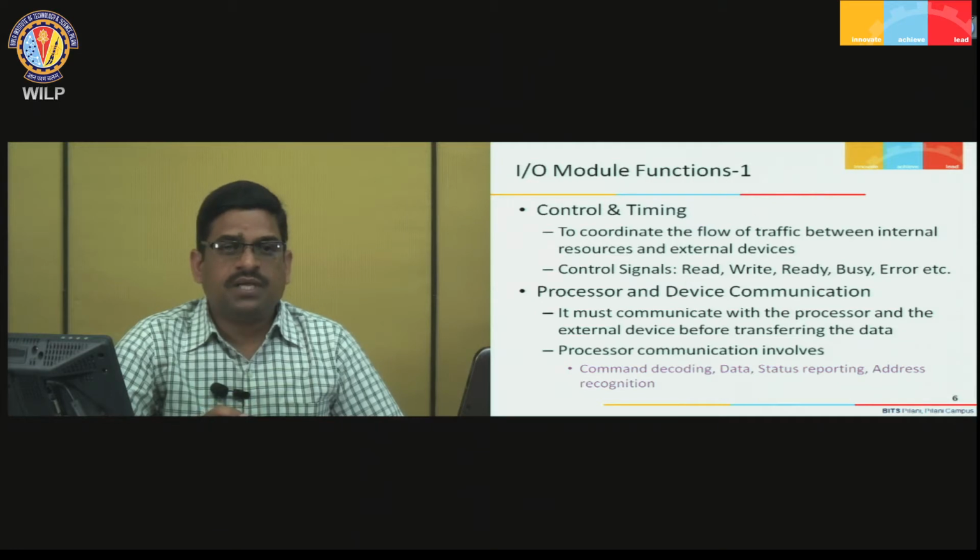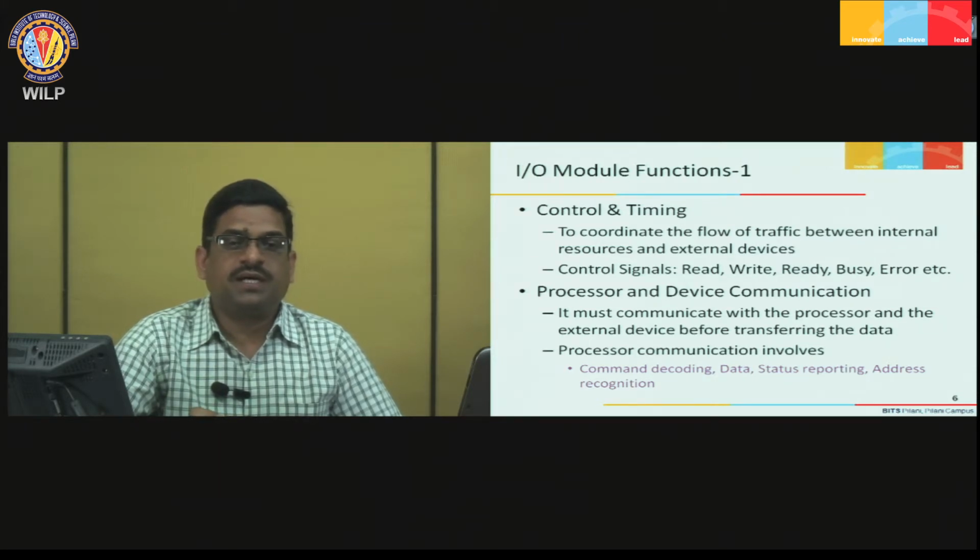The processor communication particularly involves command decoding. Whatever command is coming, that command has to be decoded, and it will come through the control lines of the system bus. If it is a read operation, then after reading the data from the device, it has to put that data in some buffer, so that the data can be fetched by the processor.